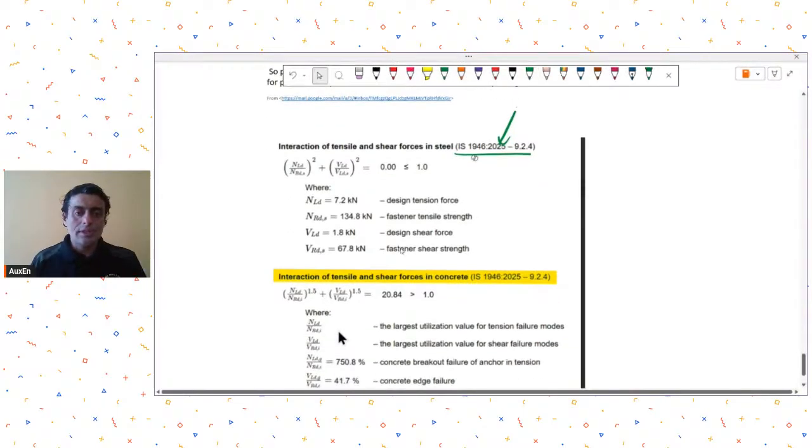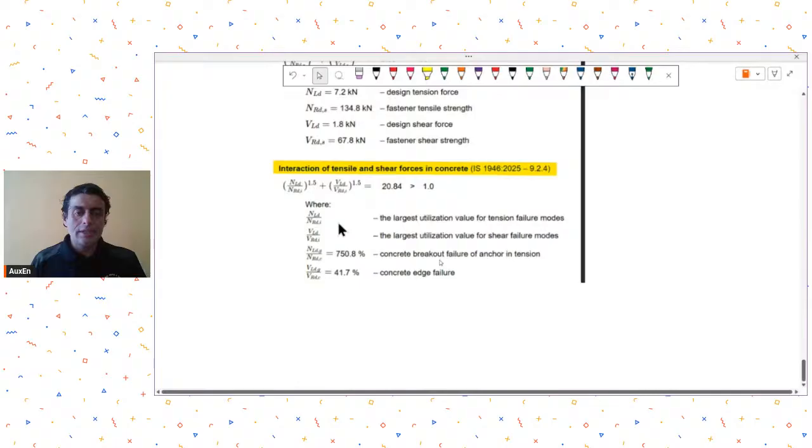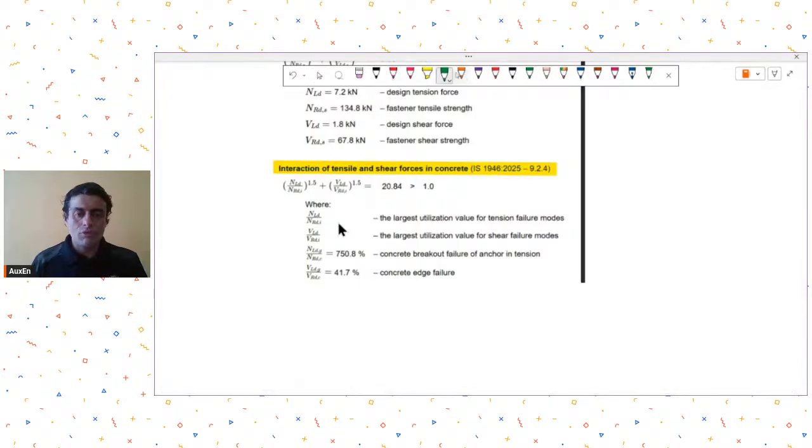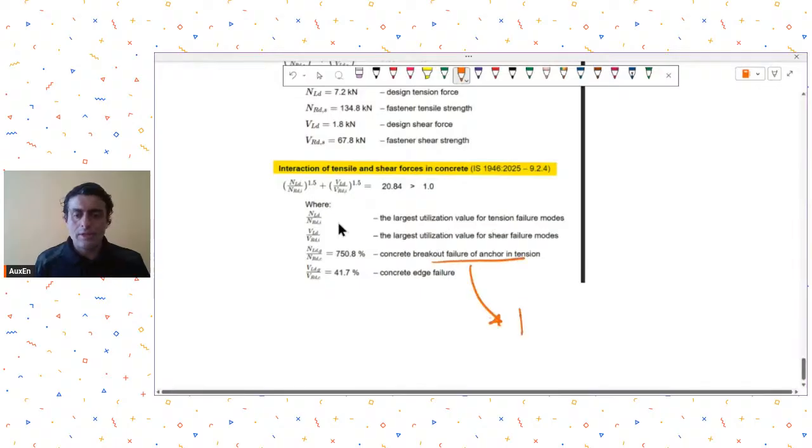So see, in this case, generally the failure occurs for your breakout in tension, as you can see. Most usually the failure will occur in the concrete breakout.